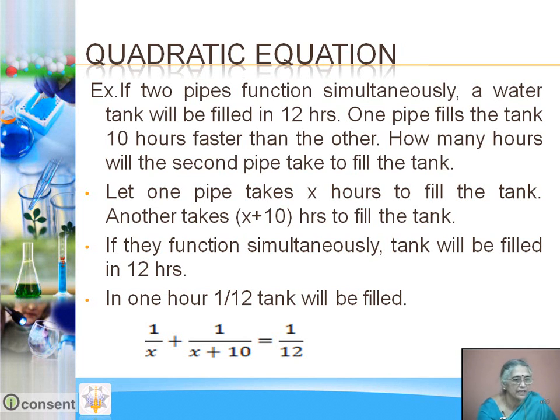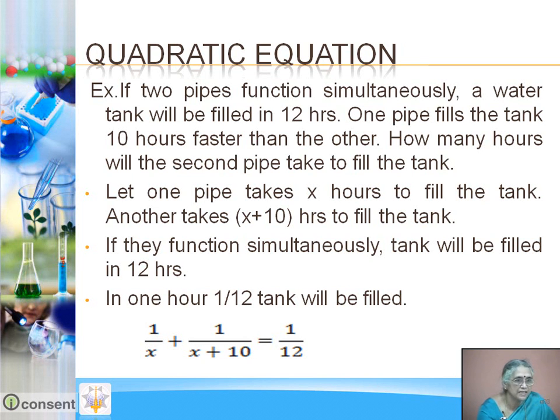So if only one pipe is working, in 1 hour 1 upon x tank will be filled. And if another pipe is working, in 1 hour 1 upon x plus 10 tank is filled. So if the two pipes work simultaneously, 1 upon x plus 1 upon x plus 10, this much tank is filled in 1 hour.